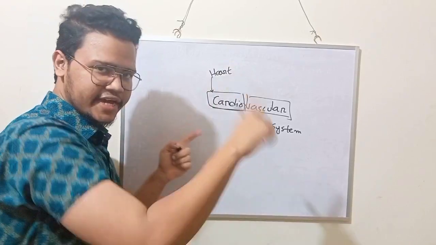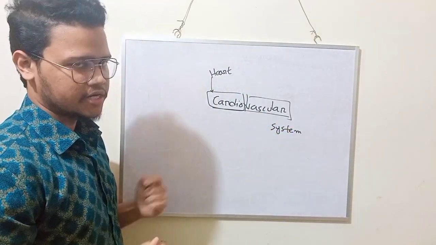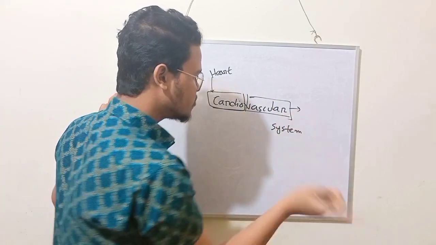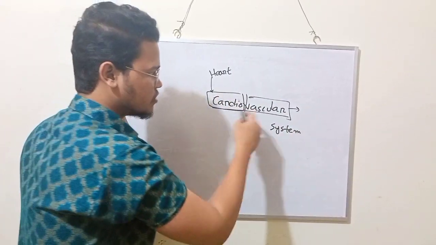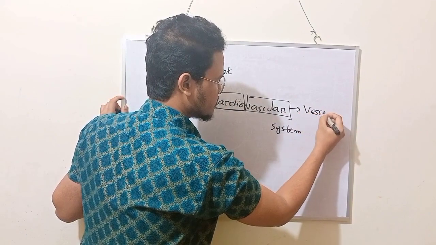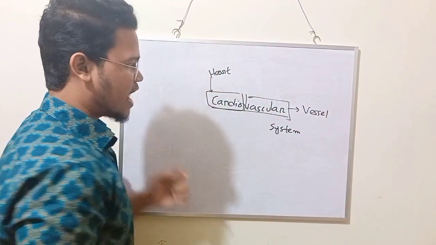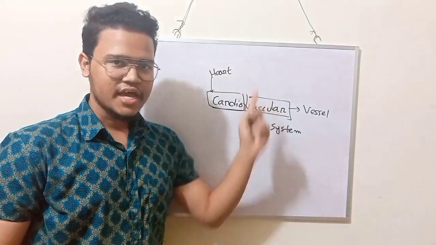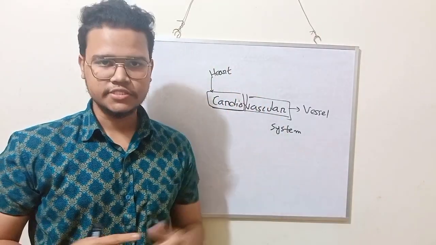So cardio indicates our organ named heart. And the synonymous word of vascular is vessel. That means our cardiovascular system is composed of the heart and a collection of vessels.